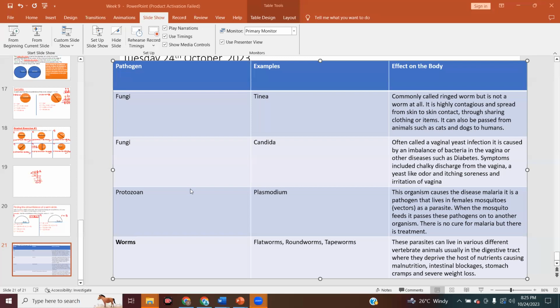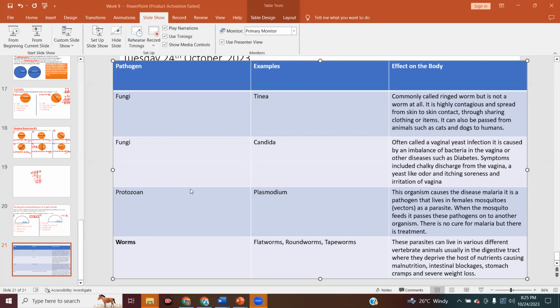Probably worms or ringworm or, I would probably avoid the Candida one. Candida. Okay. That's a good one. Anyone else? Which one would you not want to have? Definitely not fungi. The fungi. Okay. All right.